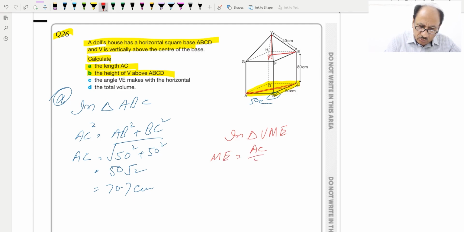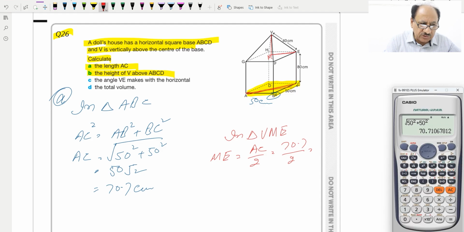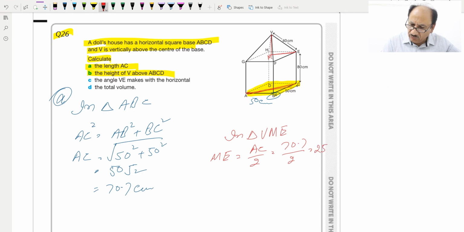So AC divided by 2, which is 70.7 divided by 2, which will be equal to 25 under root 2. So this is the ME length.